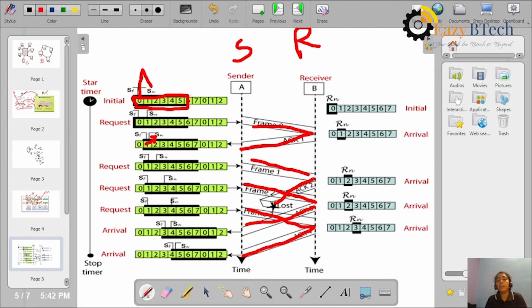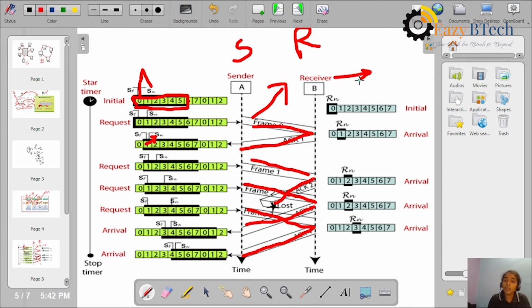And here there is no corruption of the frame. When a frame is corrupted, the particular receiver will not accept that frame. Here, what is lost is the acknowledgement: the acknowledgement that the receiver provides to the sender is lost.